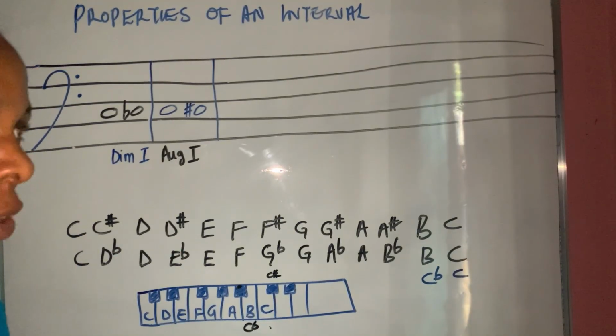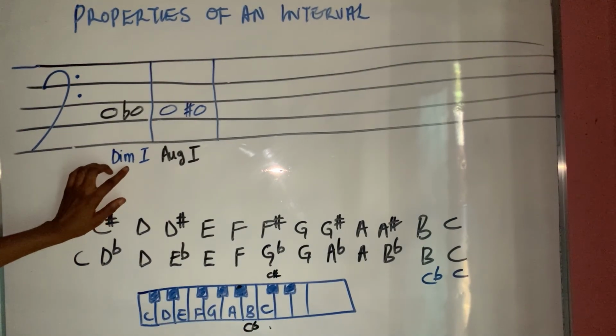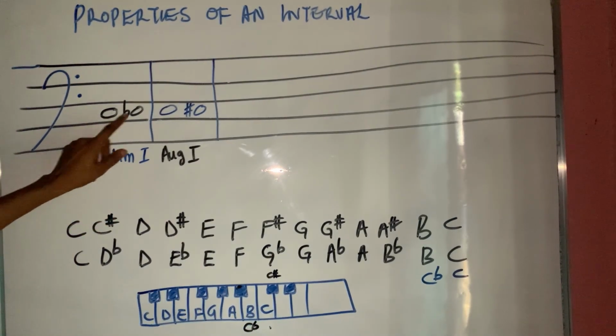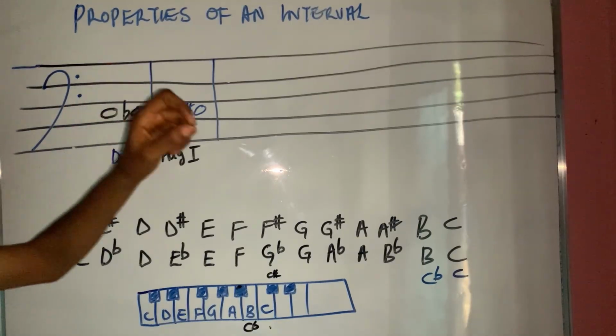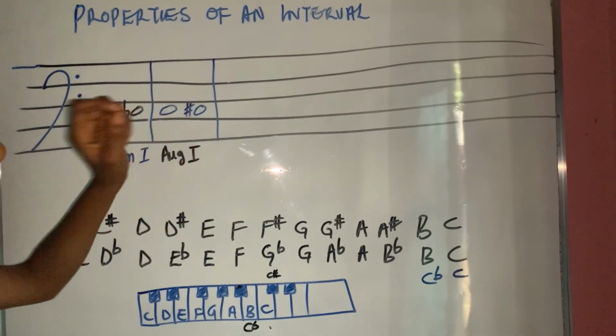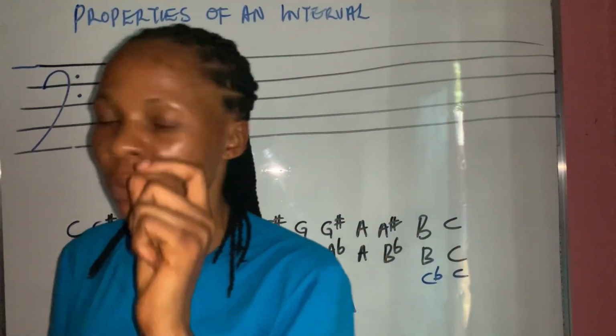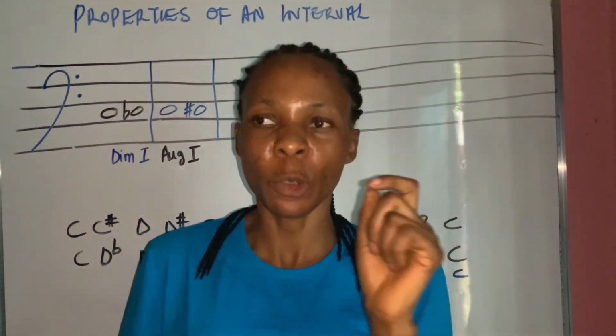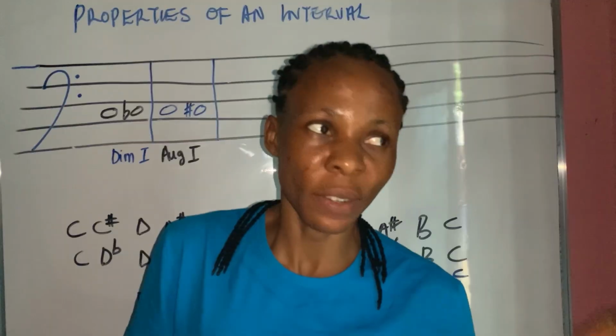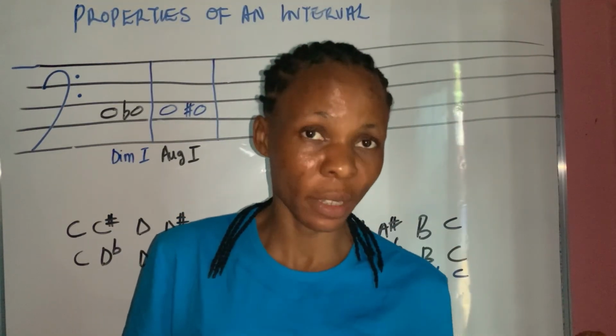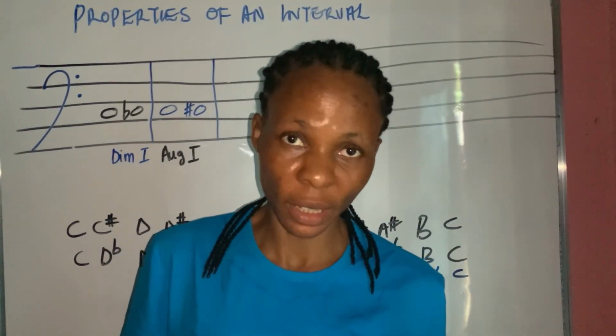You call it unison as a professional; don't say augmented 1. This was a diminished unison. Now can you see? Though it has the same name, the size is different. 1 bag of 50 kg rice is not the same as 1 bag of 25 kg rice, but they're all 1 bags. Do you understand?